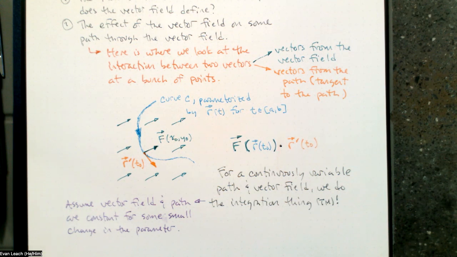We're going to assume the vector field and the path are constant for some small change in the parameter.